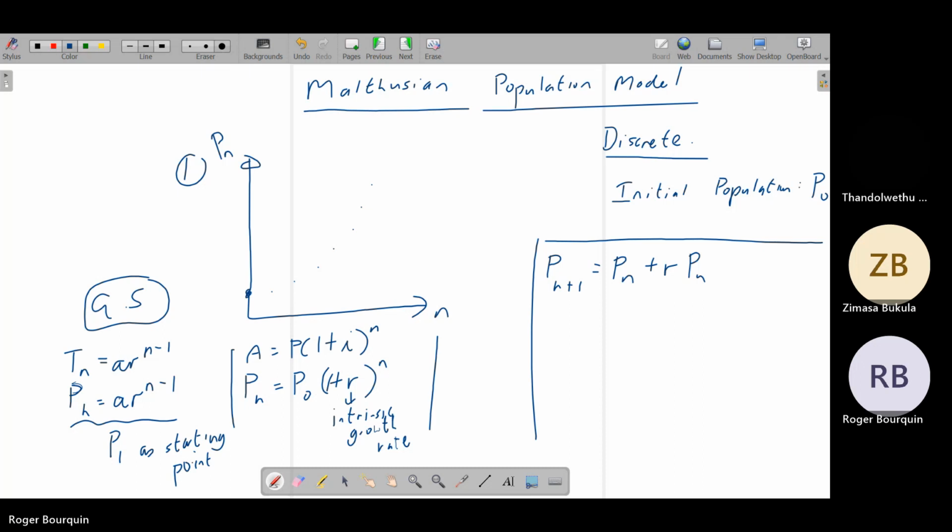So Pn is your starting population, and R times Pn is how much it grows, the increase in one year, or any time frame, in one cycle. Does that make sense? So that would be your Malthusian model as a recursive formula, and that's what we're generally going to use.